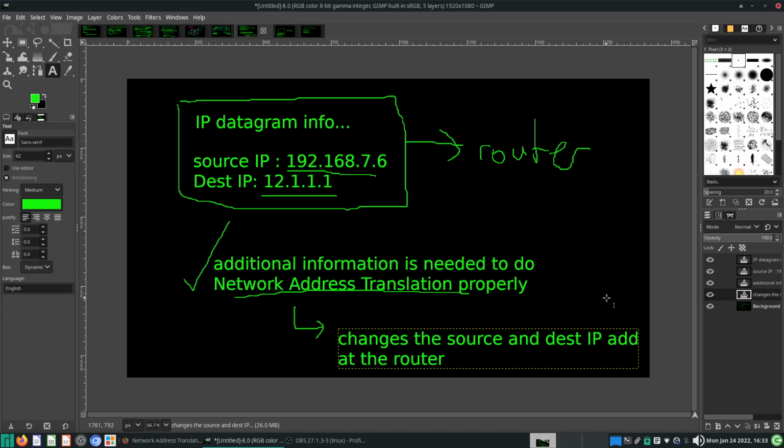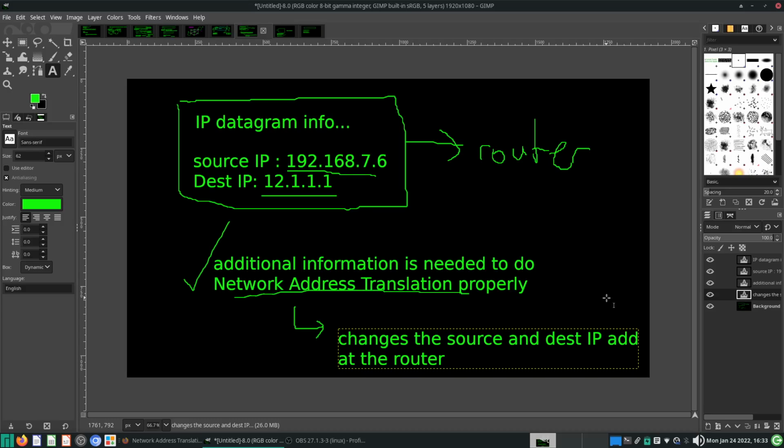This is a very loose definition. If the source and destination IP address don't change, there is no network address translation. But when the source and destination IP address change at the router, that is when network address translation is taking place. Of course, this is a broader concept than just the source and destination IP changing, but I won't go into that much detail.